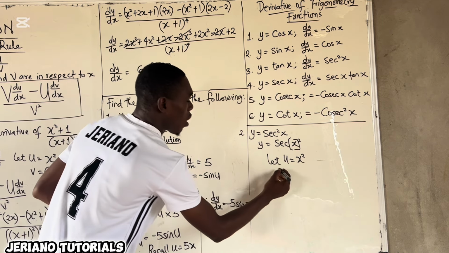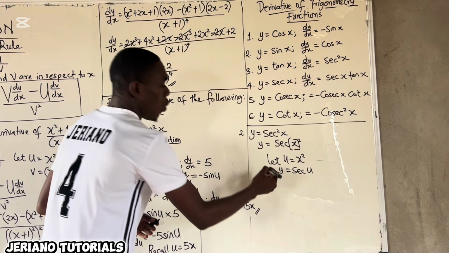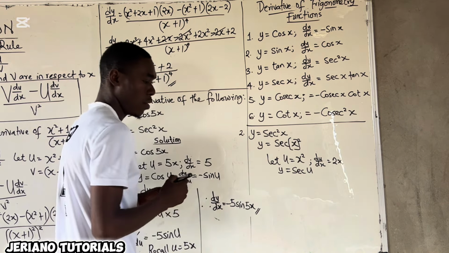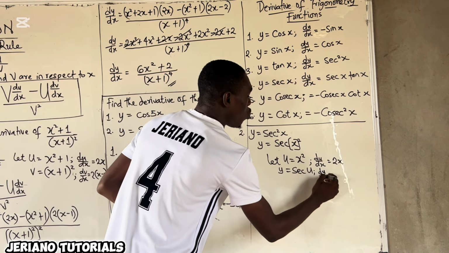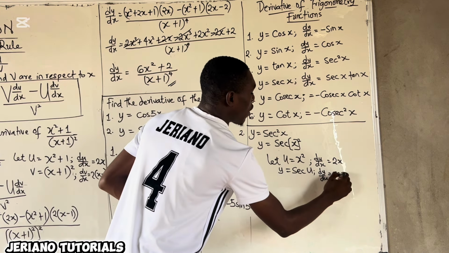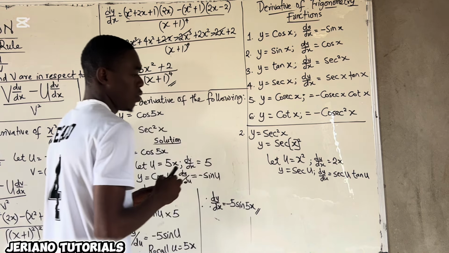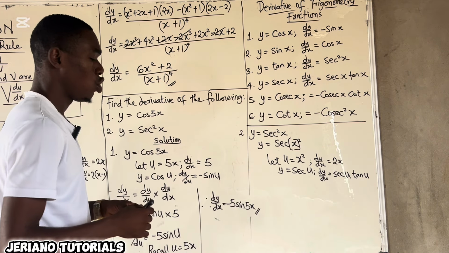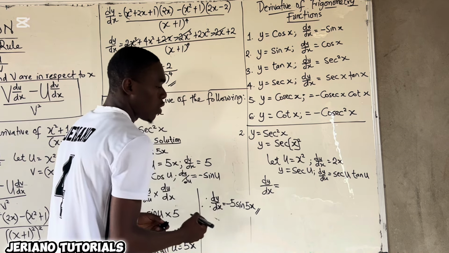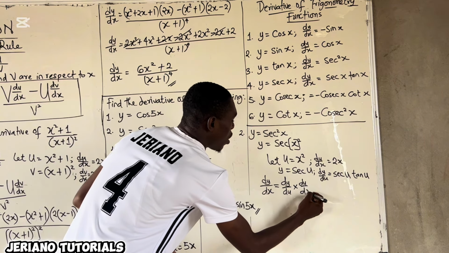So if u is equal to x square, our y becomes sec u. Now the du dx becomes 2x. And then dy du becomes sec u tan u. Now we go back to our formula. dy dx is equated to dy du times du dx.